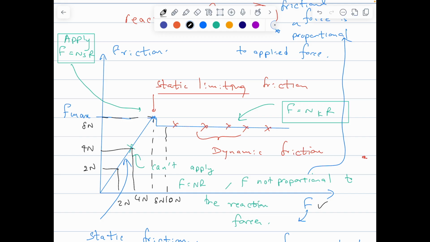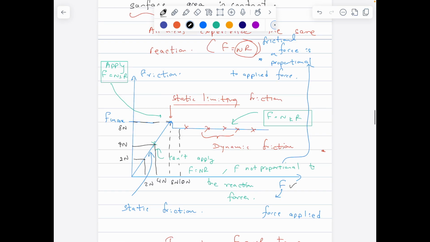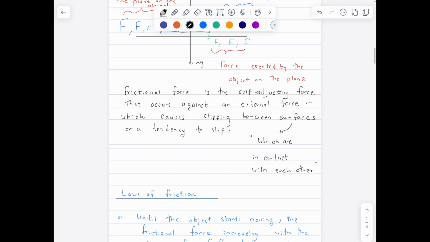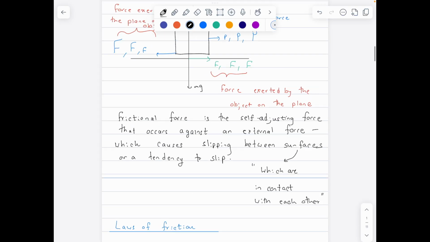If you apply force beyond it, friction is going to drop a little and then stabilize at a constant value. So whatever the force that you apply beyond 8 newtons, 10, 12, 14, whatnot, right? Then the friction is going to be stabilized at a constant value. Alright, I will come back to the graph to give you essential components of the discussion.